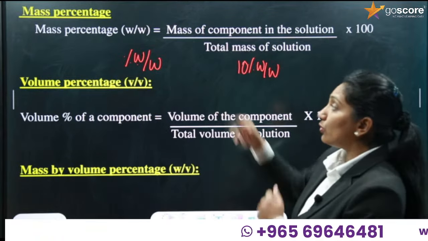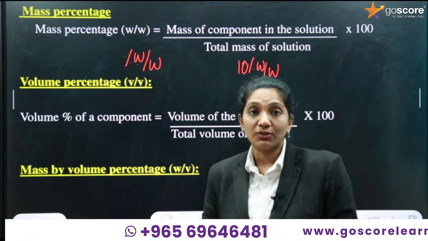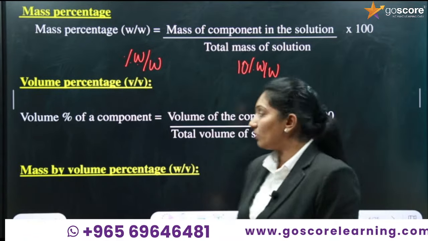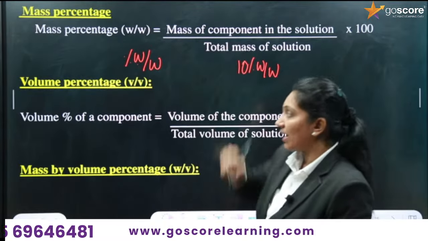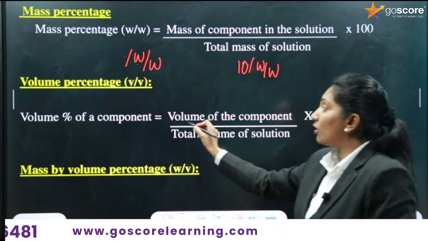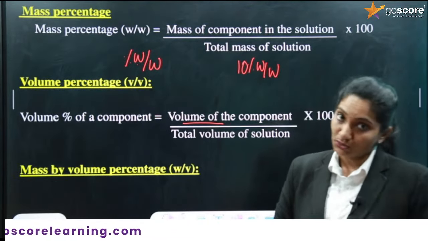Okay, same way volume percentage means here we will be expressing the amount of the solute in terms of volume. So the volume percentage of the component, that is percentage V by V, is the volume of the component divided by total volume of the solution.